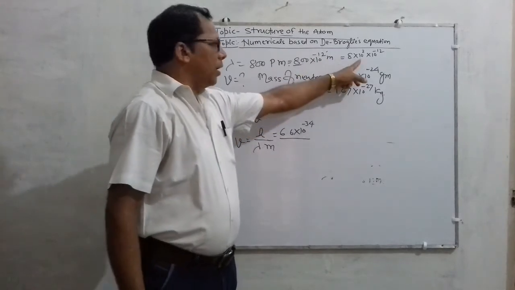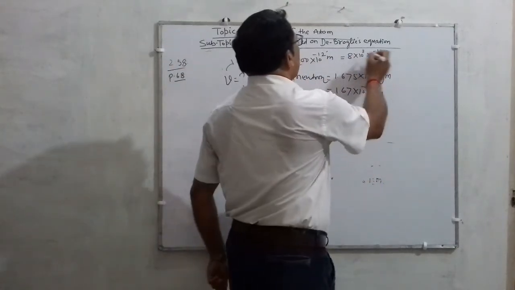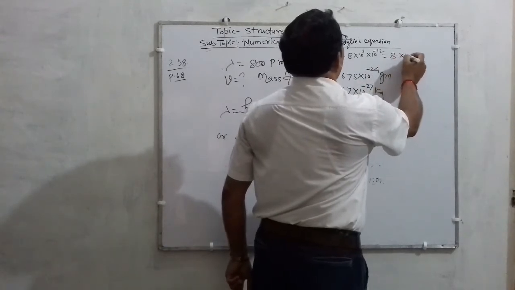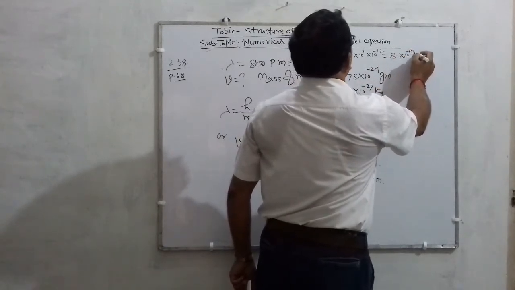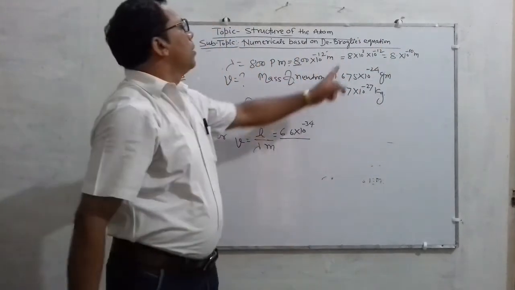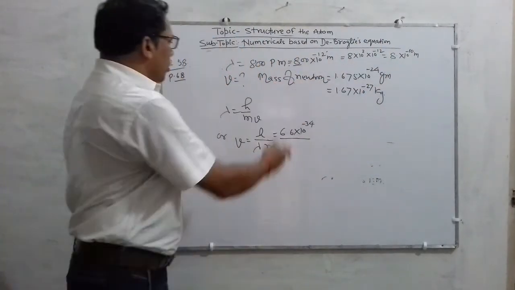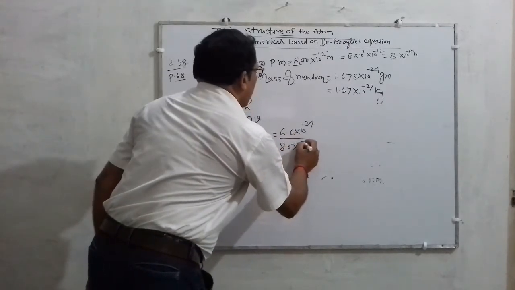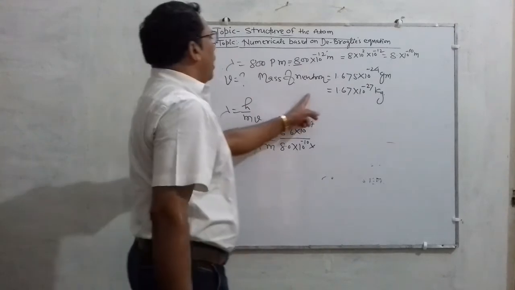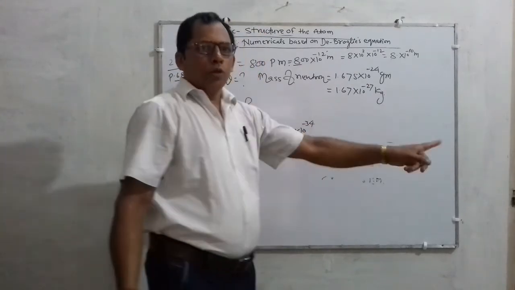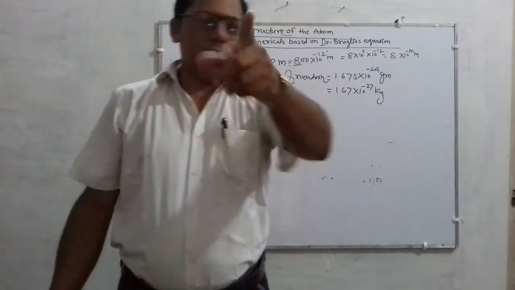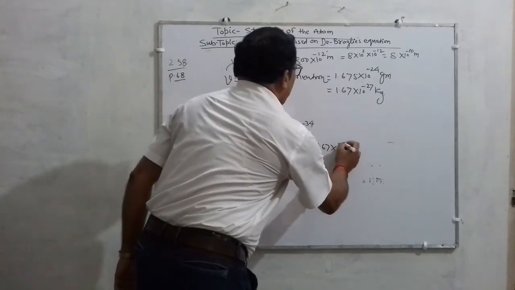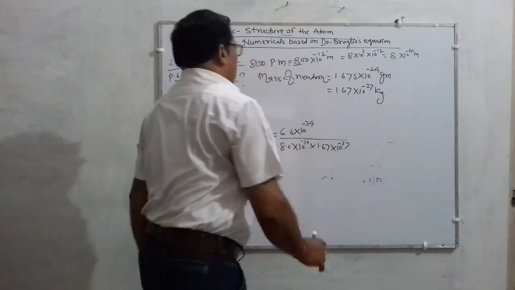So this becomes 8 into 10 to the power minus 10 meter. Am I right? Okay, so put these values. So lambda becomes 8.0 into 10 to the power minus 10, and the mass of the neutron here, you have not to use the mass of electron. The question is about the mass of the neutron. So 1.67 into 10 to the power minus 27.